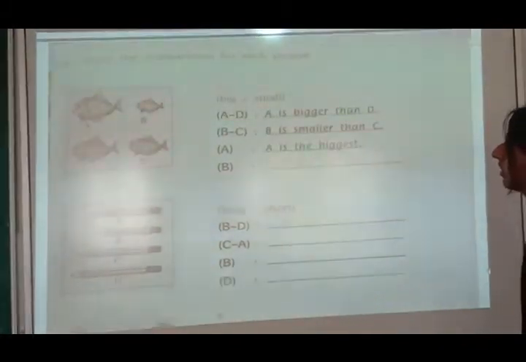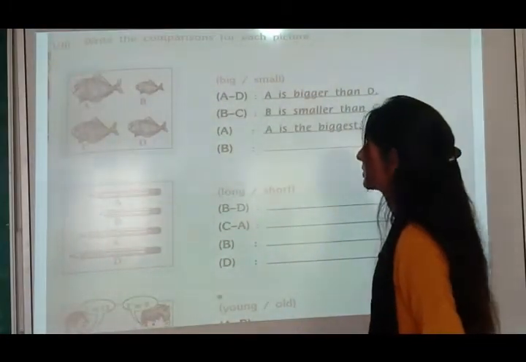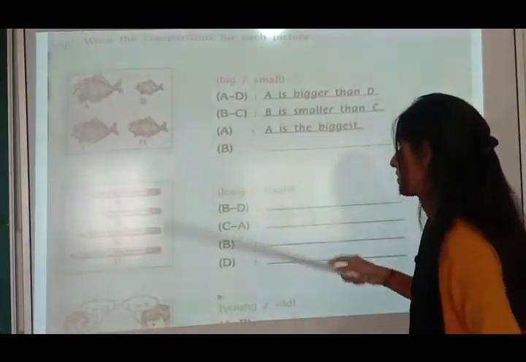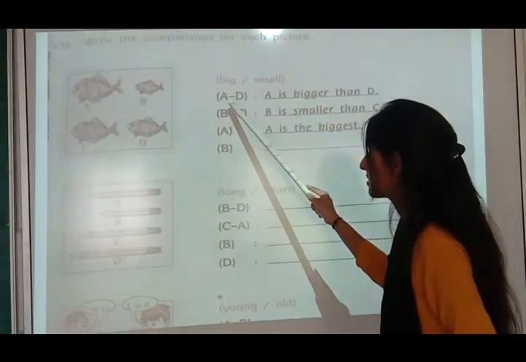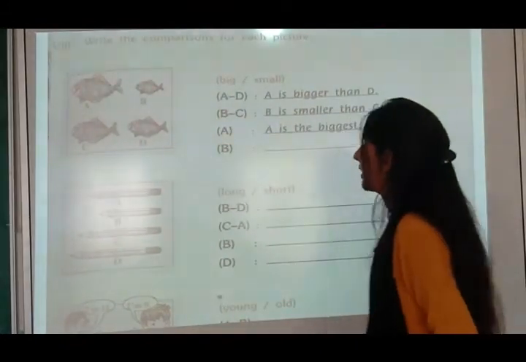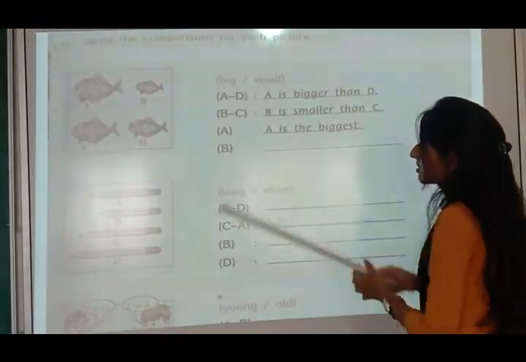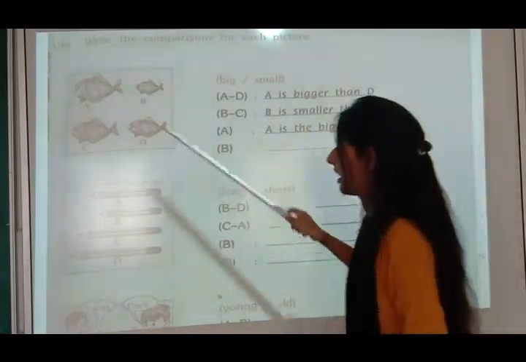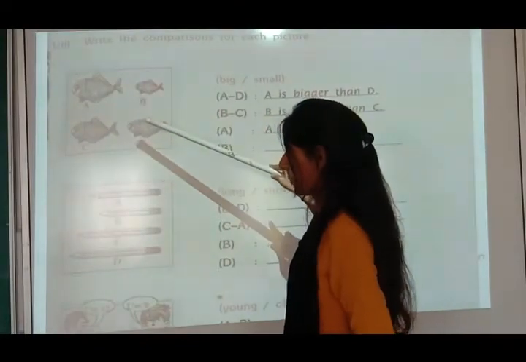Now, write the comparison for each picture. Here there is a picture and you have to make the comparison, big and small. The first is A and the last is D. Now you have to make the comparison.